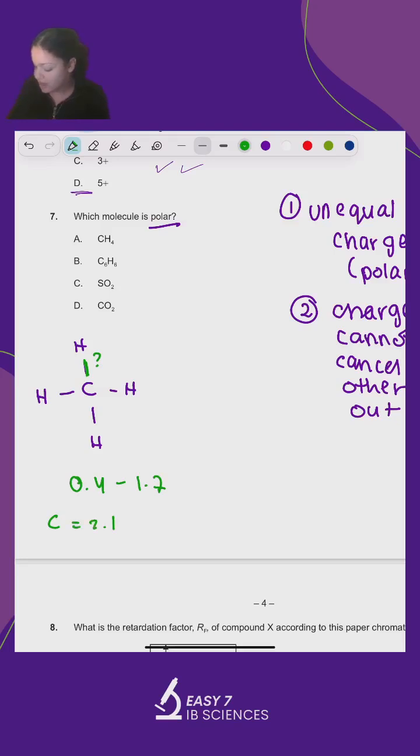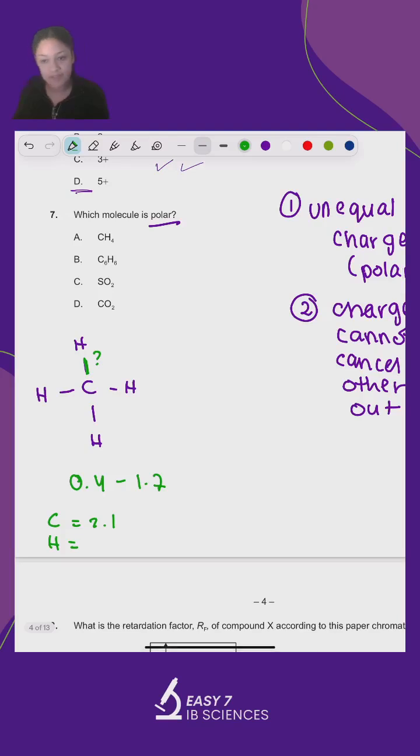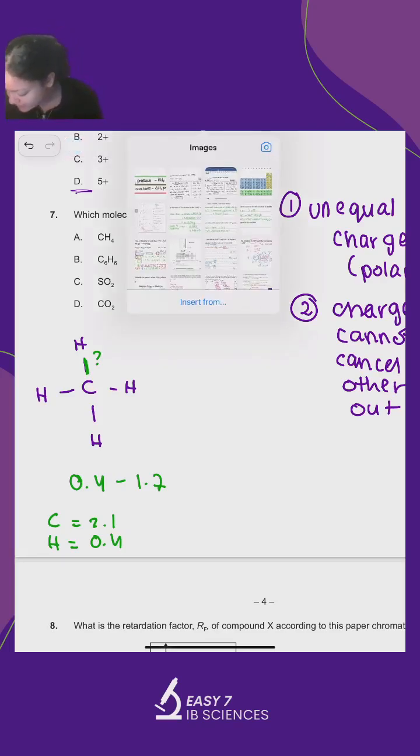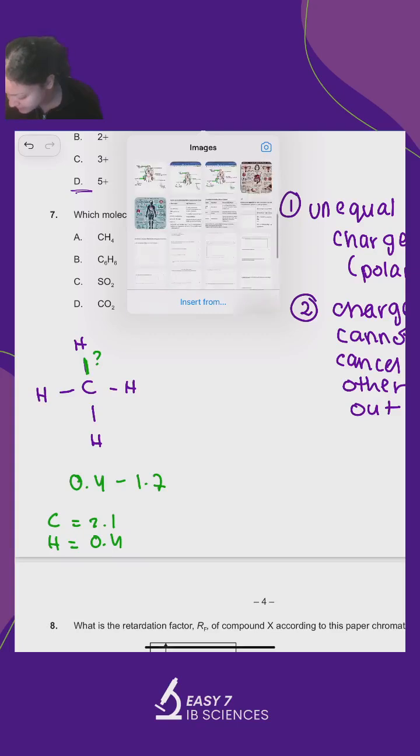Okay. Hydrogen electronegativity is what? Is that 0.4? Or is the difference 0.4? Okay, there are so many different answers. I actually don't know which one is correct. If anyone has an electronegativity table, please let me know.